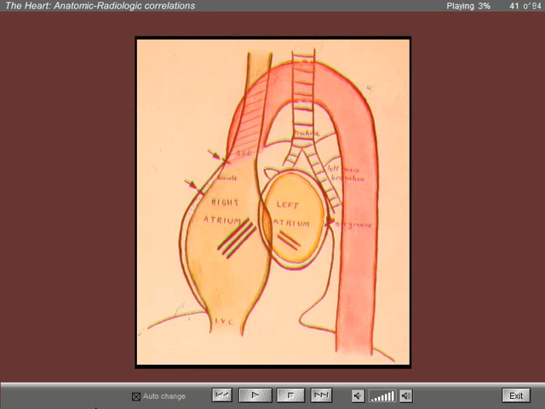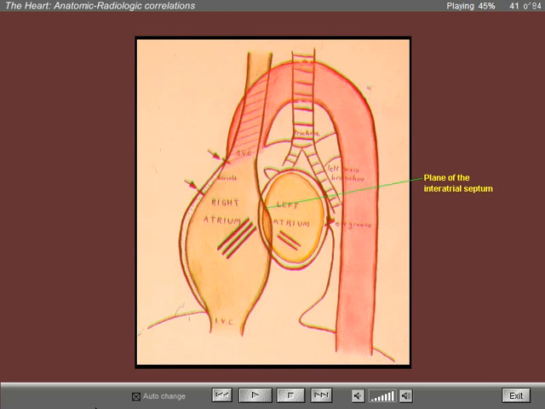This is a color diagram of the heart depicting the left atrium, which appears dorsally located close to the esophagus, and ventral to it we see the right atrium. Note that we see in profile the plane of the interatrial septum.